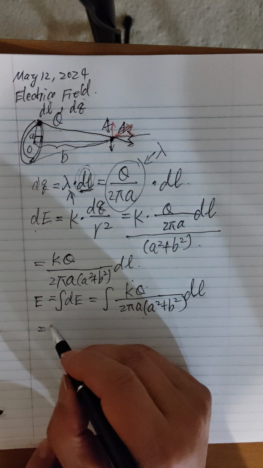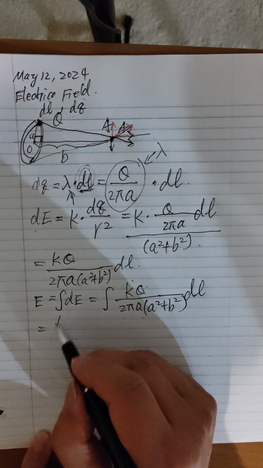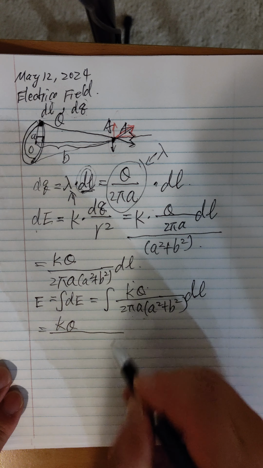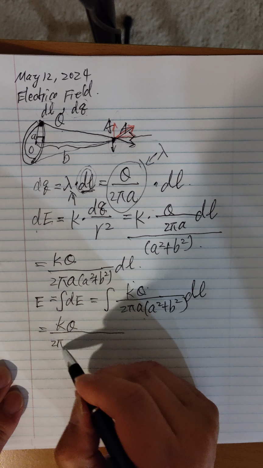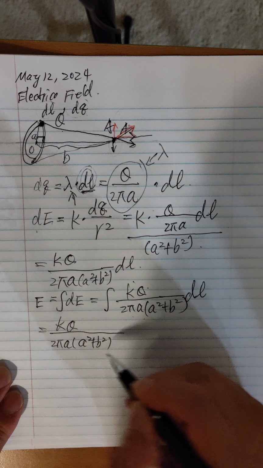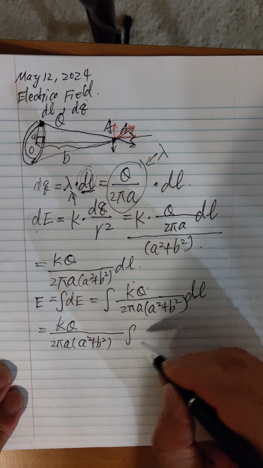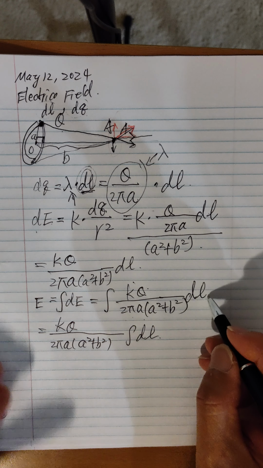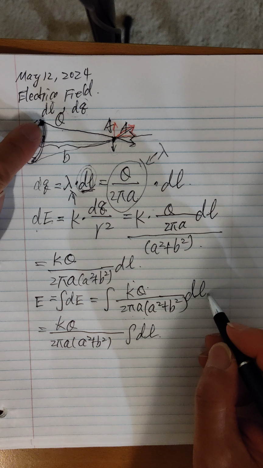So what we can do is just take out the constants. It's going to be kq over 2 pi (a squared plus b squared). So what we need to do is just integrate the dl. Again, the dl is the little arc length of the ring.